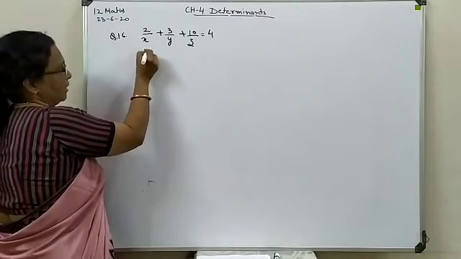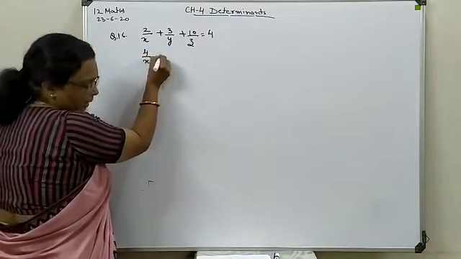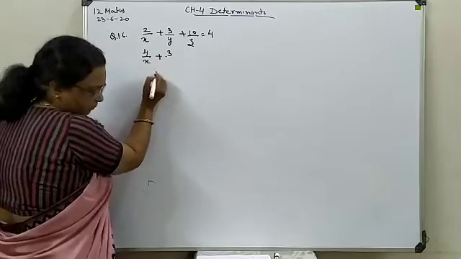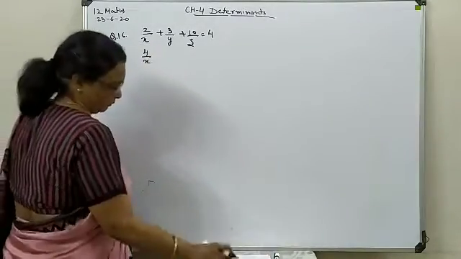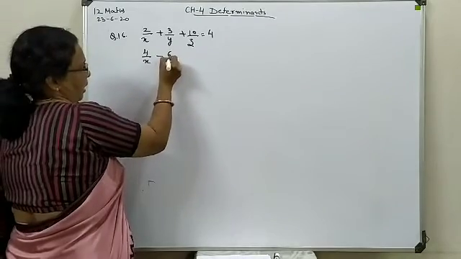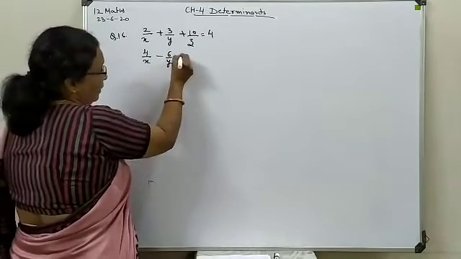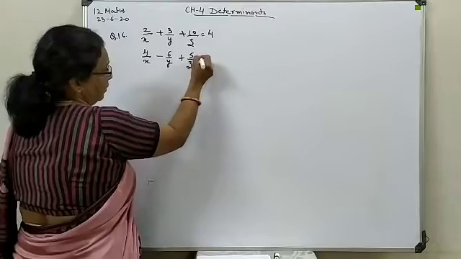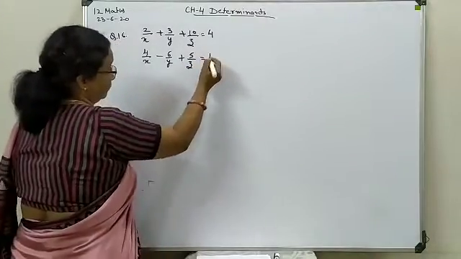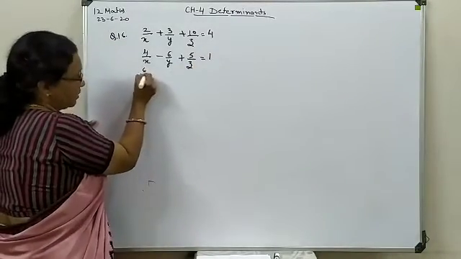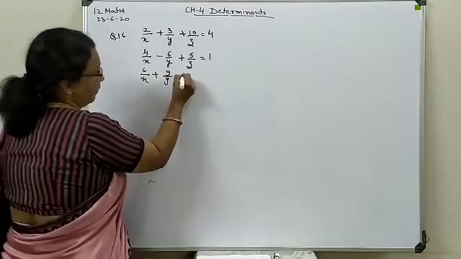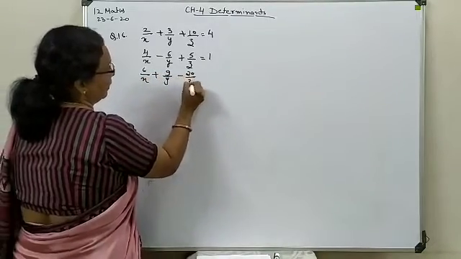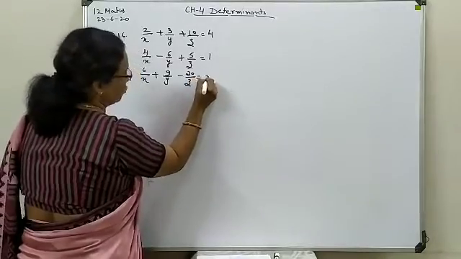The second equation is given as 4 upon x minus 6 upon y plus 5 upon z is equal to 1. The third equation is 6 upon x plus 9 upon y minus 20 by z is equal to 2.